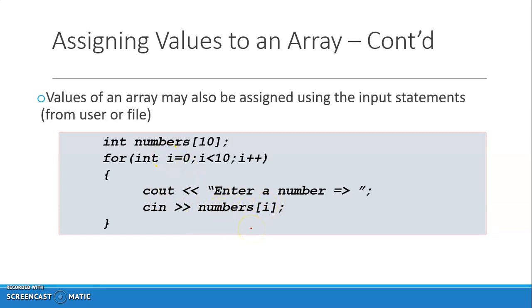So it's the same way we've been getting values using normal variables, only that here we need to specify on which position we want our value to be. So on position i for the first iteration, when i is equal to 0, it will be on position 0. The next time we loop here, then i will be 1, and the value that is entered now will be assigned on position 1.